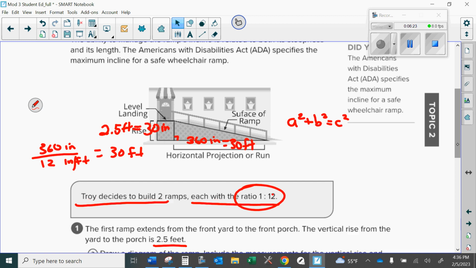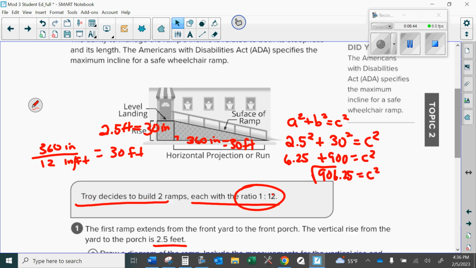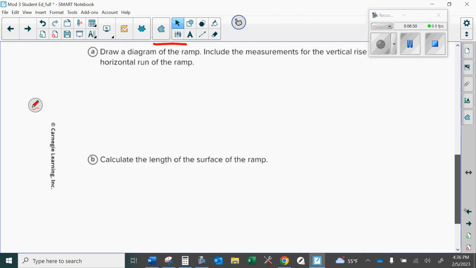It doesn't matter which one I call a and b. So we're going to use the feet: 2.5 squared plus 30 squared equals c squared. 6.25 plus 900 equals c squared. So 906.25 equals c squared. Take the square root of both sides. So c is approximately equal to, and does it tell us what to round to at all? No.